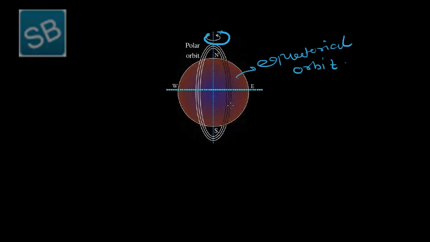And as Earth is rotating, the satellite in this orbit is also rotating. So each part of the Earth can be seen with the help of this satellite many times in a day. And now this is the end of all the theory of this chapter. So now we will solve the remaining illustrations.